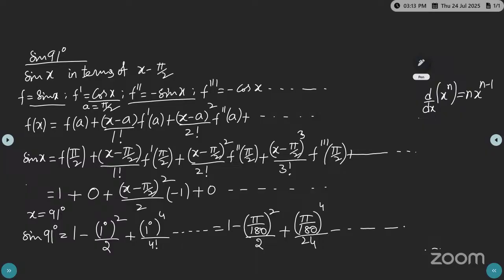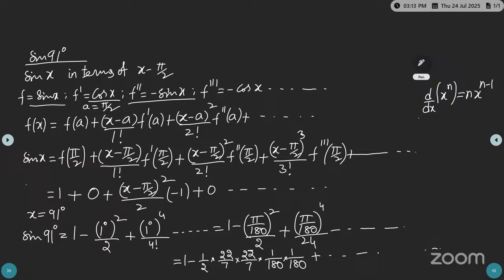Now pi is 22 by 7: 1 minus 1 by 2 into 22 by 7 into 22 by 7 into 1 by 180 into 1 by 180 plus so on. If you do the calculation, the value will be 0.99998, or 0.999, 4 nines. That's enough.